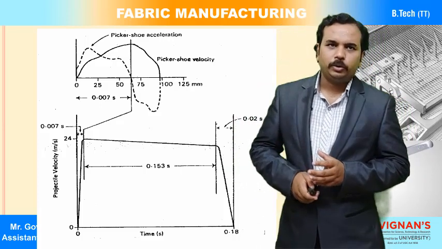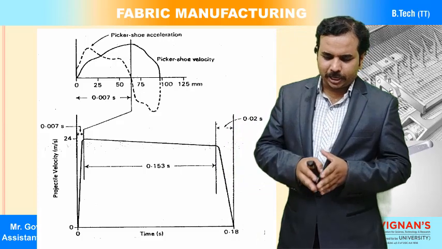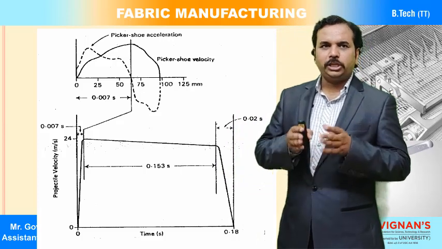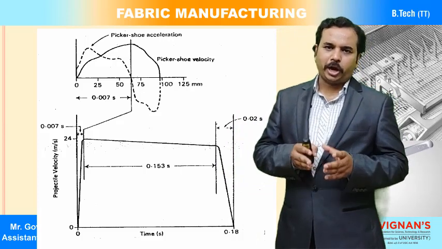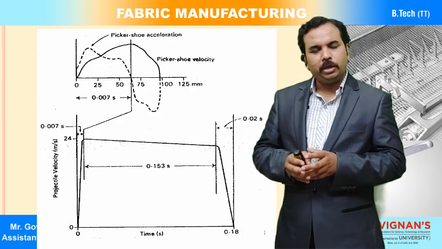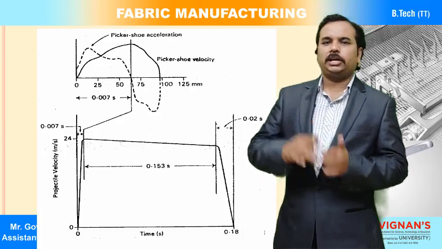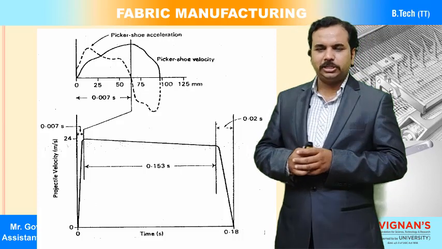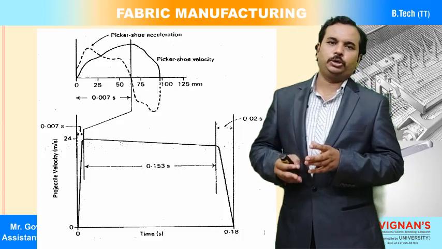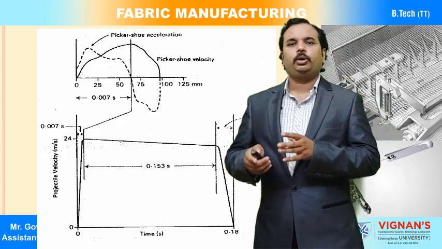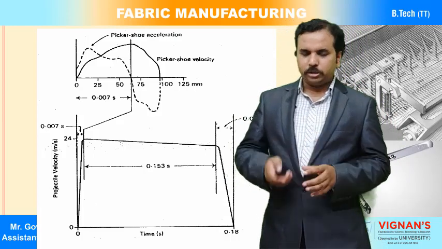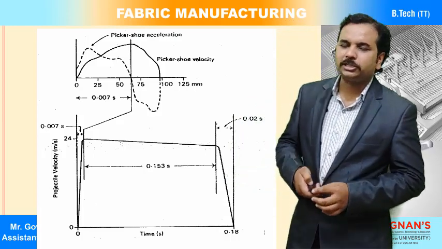You can observe that the acceleration of this projectile happens within the specified time of 0.007 seconds, and the deceleration happens within 0.02 seconds. So this is about the acceleration and the deceleration.